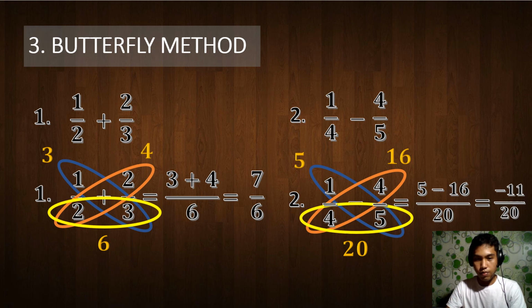So that's it. I hope you understand what I introduced today, and I hope that you can use it while you are solving, particularly in adding and subtracting dissimilar fractions in the future.